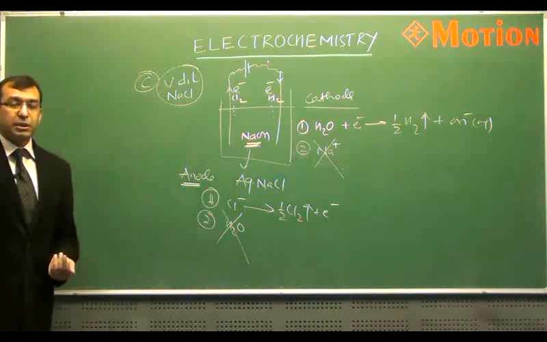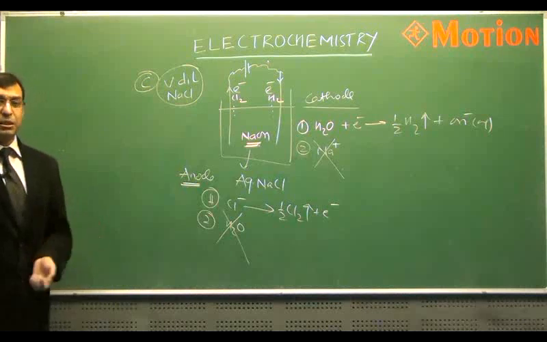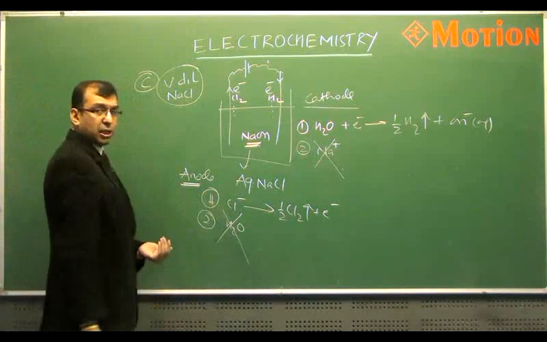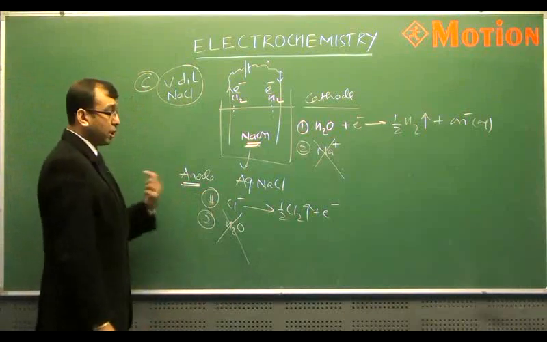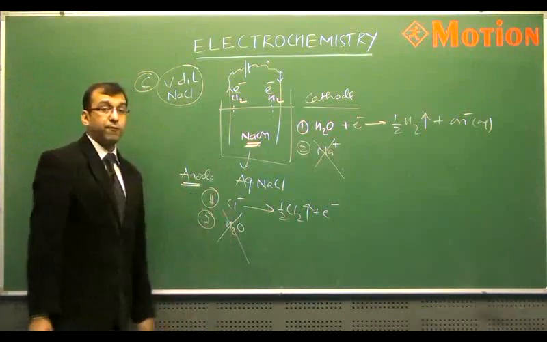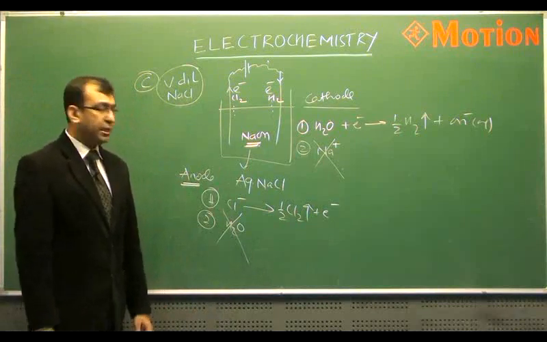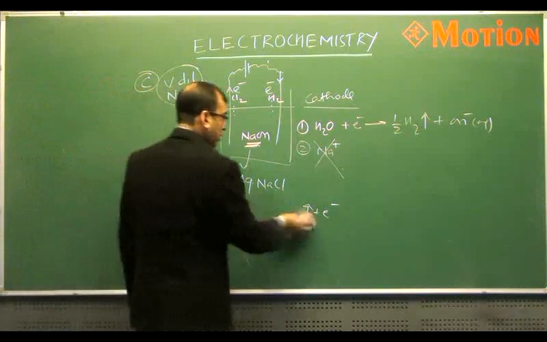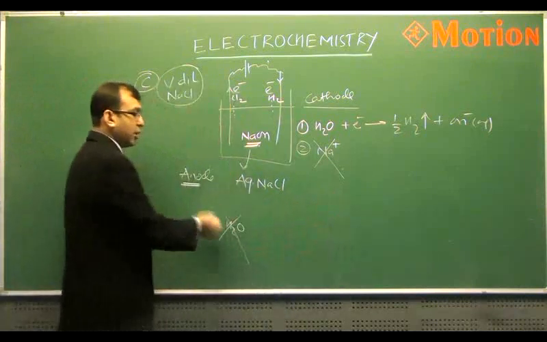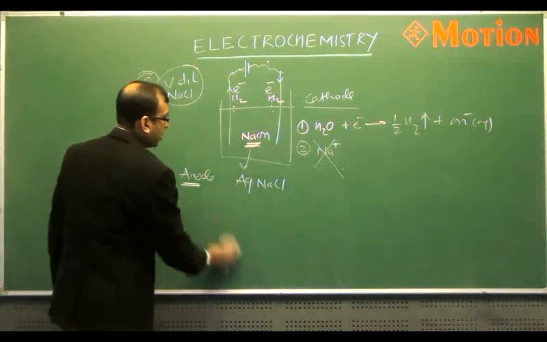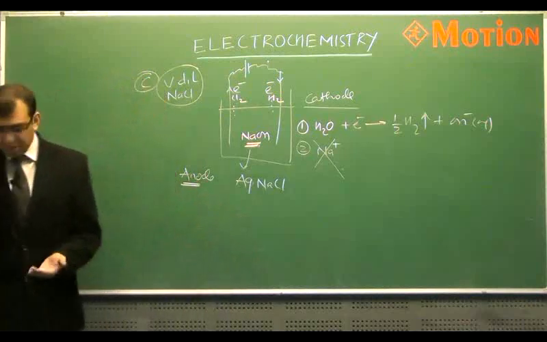I have taken very dilute NaCl. If we are taking very dilute NaCl, then the number of Cl minus ions will be negligible, and obviously the potential to release electrons is a function of concentration also. If the Cl minus concentration is decreased, then Cl minus is no longer a threat to the water, and water becomes the number one contestant for the anodic reaction.